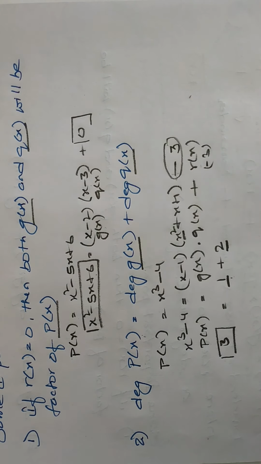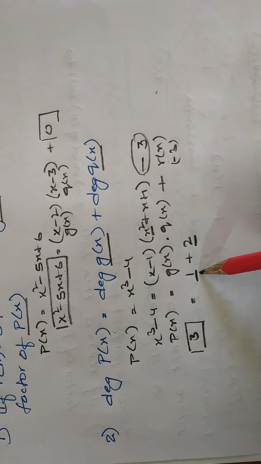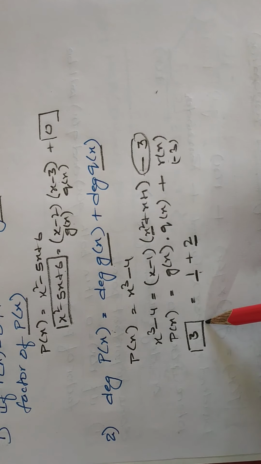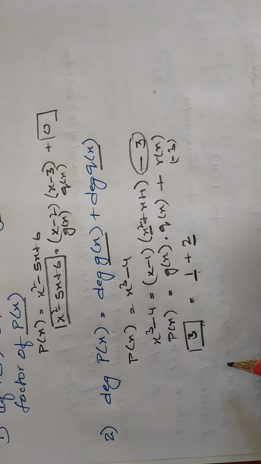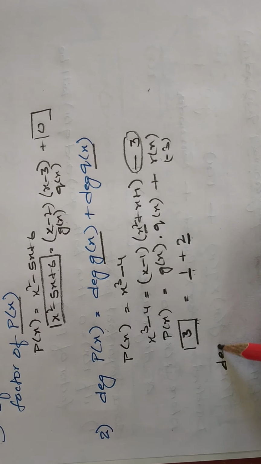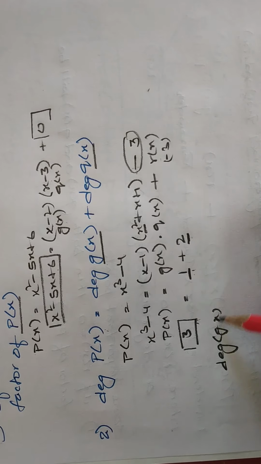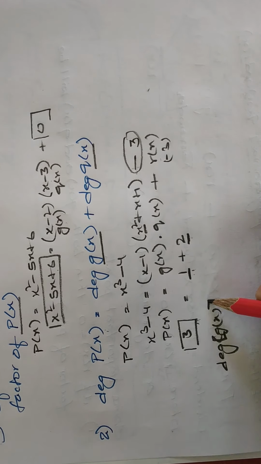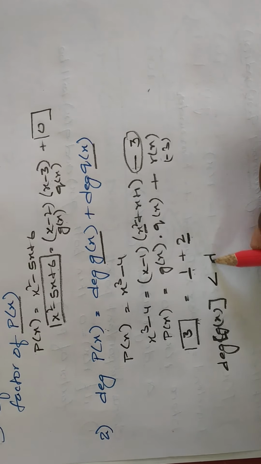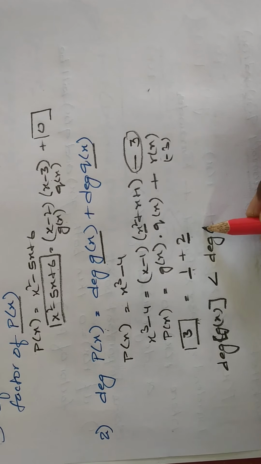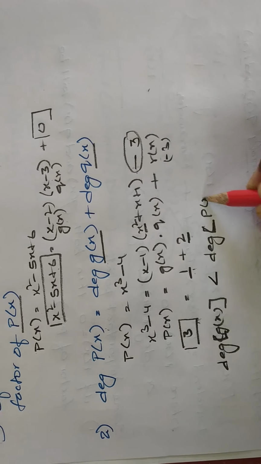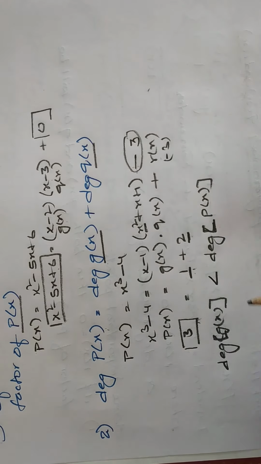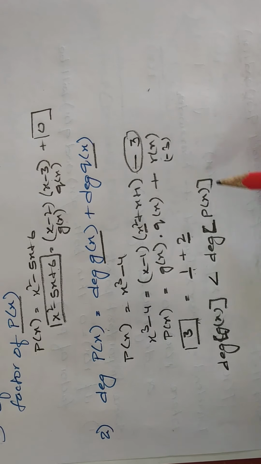So from here we have seen the degree of g(x) is less than the degree of p(x), and the degree of q(x) is also less than the degree of p(x). So we can write that the degree of g(x) is less than the degree of p(x). That means the degree of the divisor is less than the degree of the dividend.